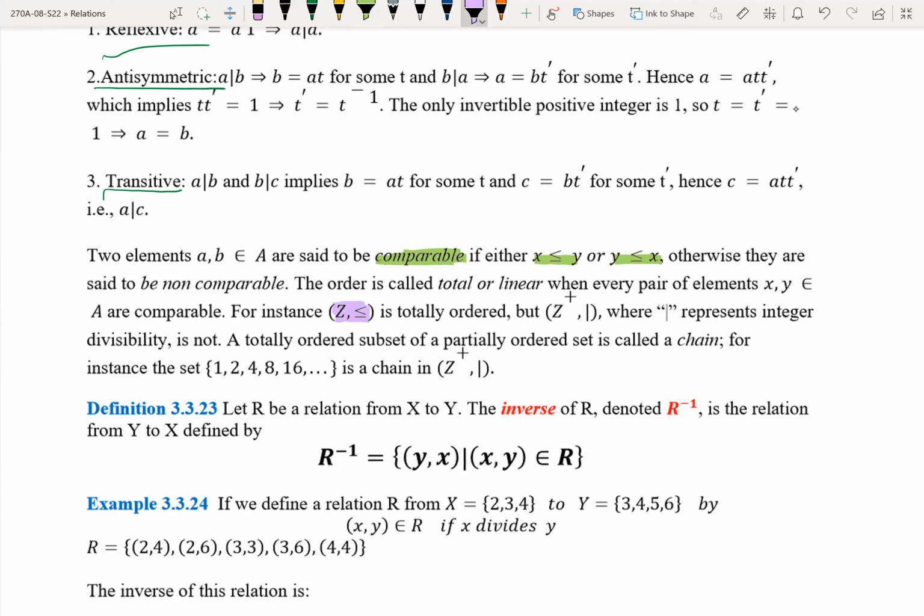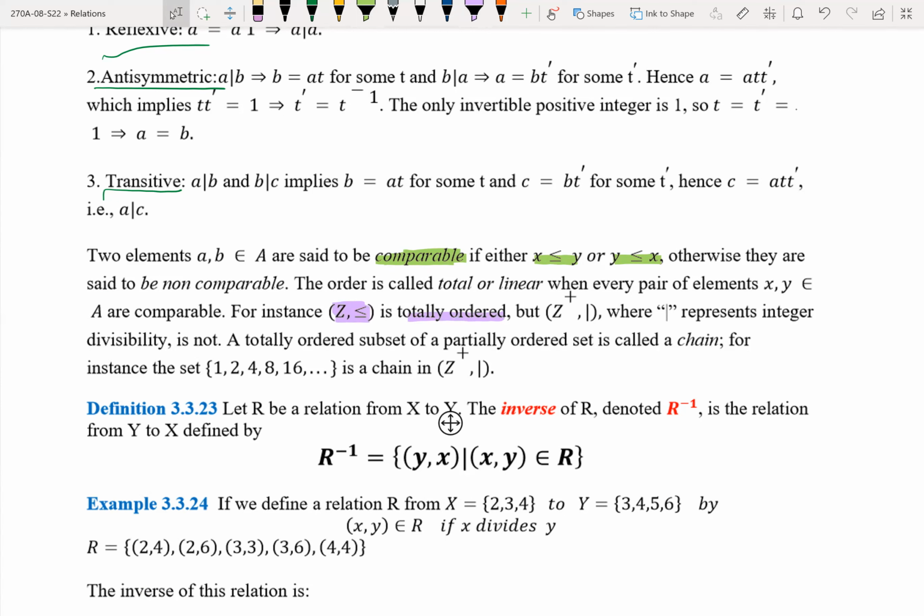This example that we have had for less than or equal to is called totally ordered. So if you have, one more time, reflexive, antisymmetric, and transitive plus comparable, these four together, then it's called totally ordered.